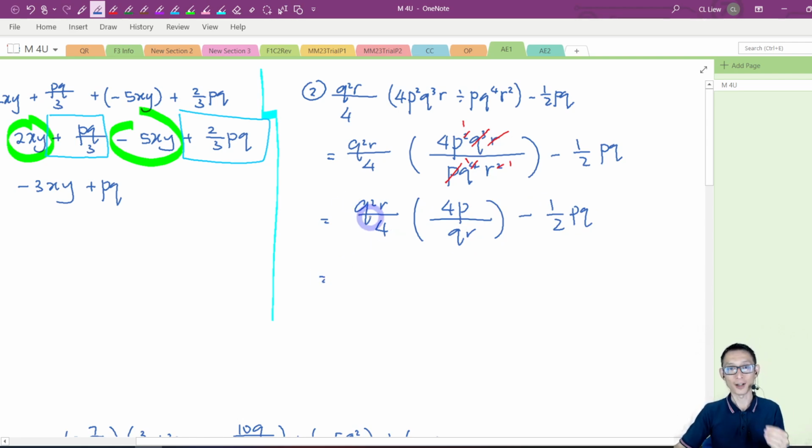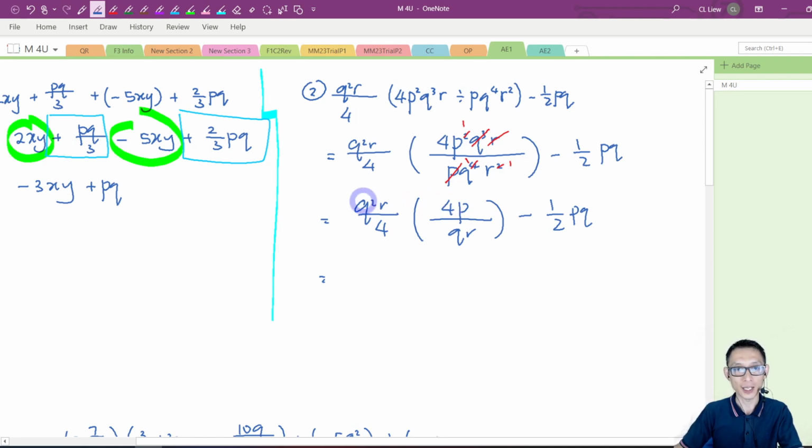Okay, just now I showed you, I simplified like this, right? Okay, if this will make you confused, you can do it another way. So let me show you another way here. I don't want to simplify them first because I worry that I will make mistakes later. So I'm going to do the multiplication between the numerator and the denominator first.